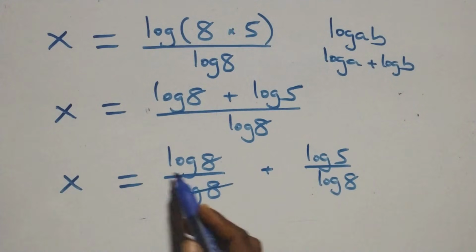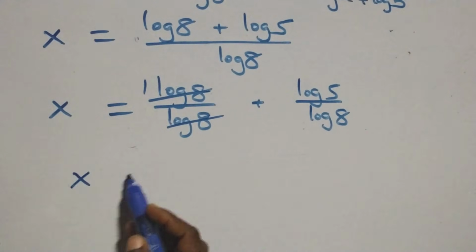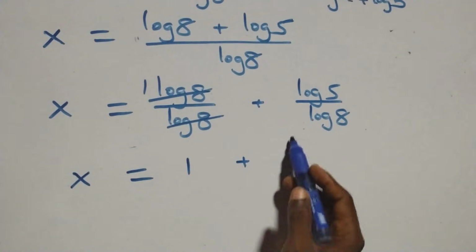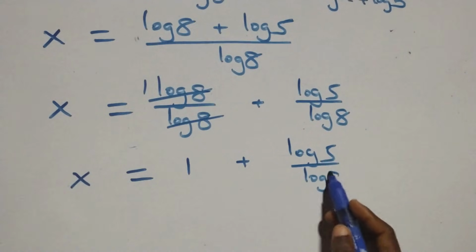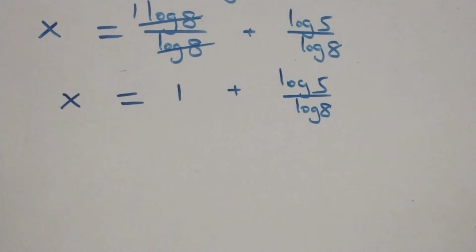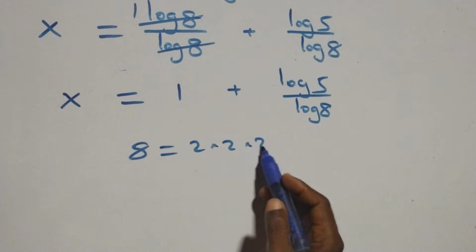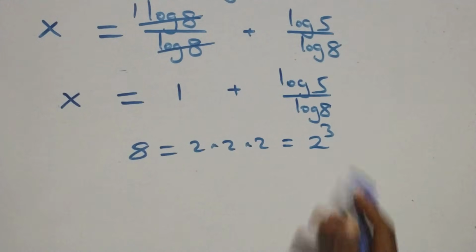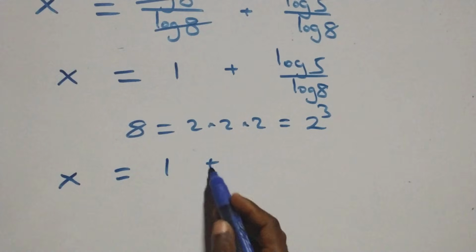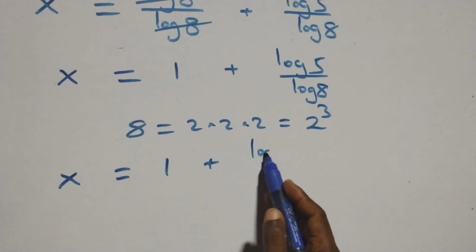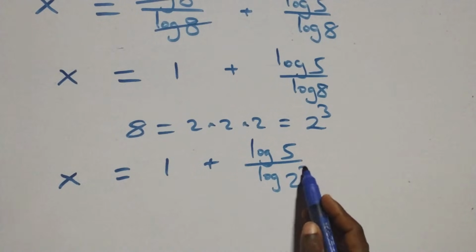Then log 8 over log 8 cancels, leaving 1. That is, x now equals 1 plus log 5 over log 8. Also, we can write 8 as 2 times 2 times 2, which is the same thing as 2 raised to power 3. So x equals 1 plus log 5 over log 2 raised to power 3.